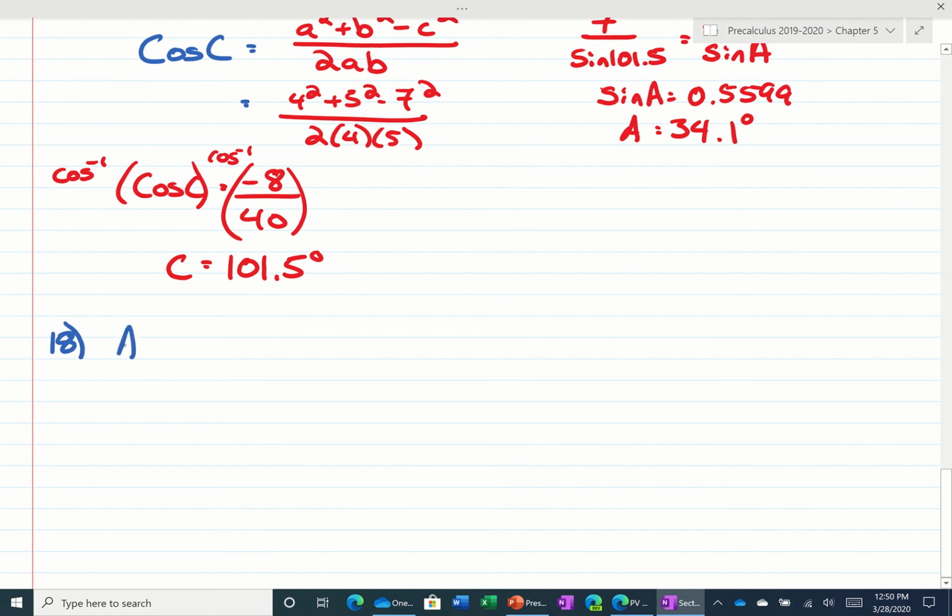Number 18 says that angle A is 61 degrees, B is 191, and C is 205.